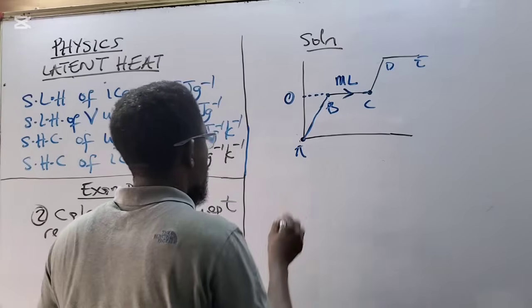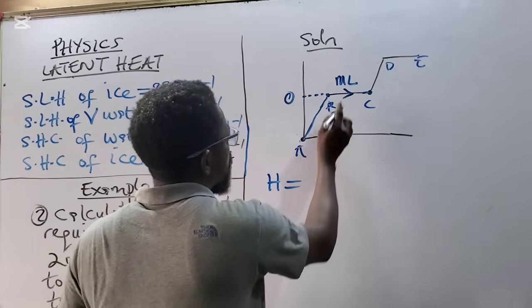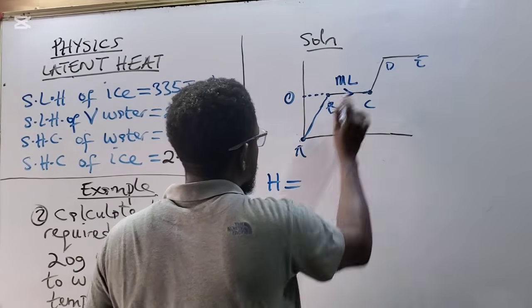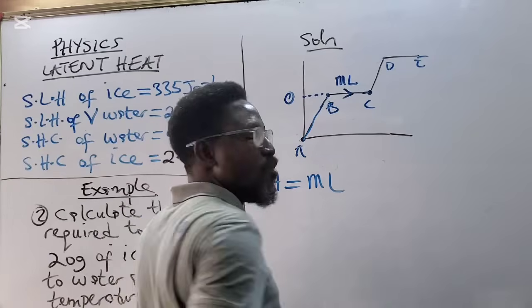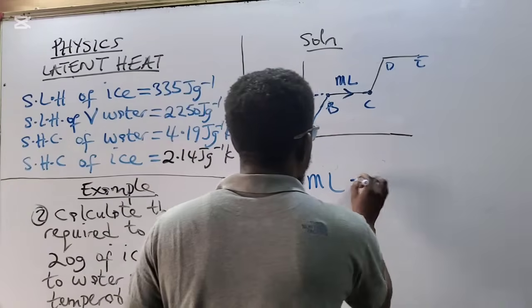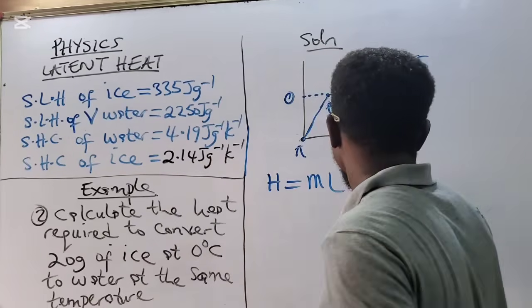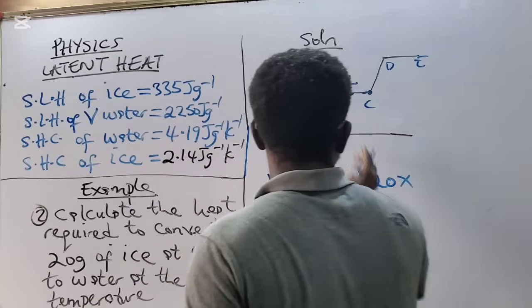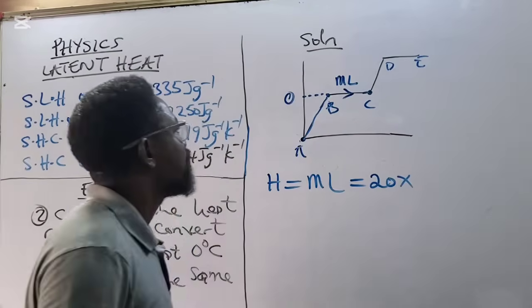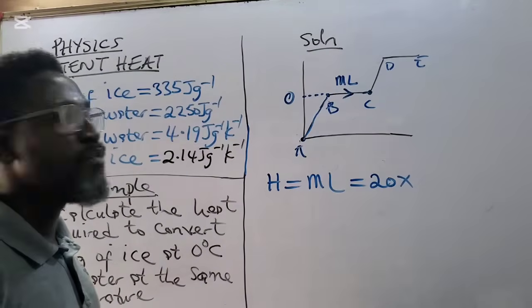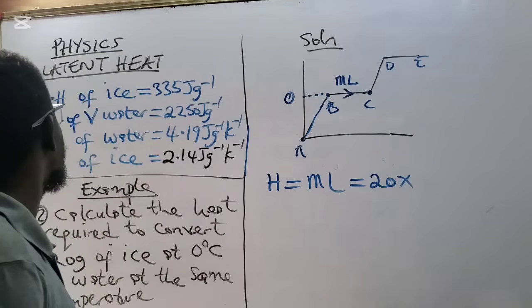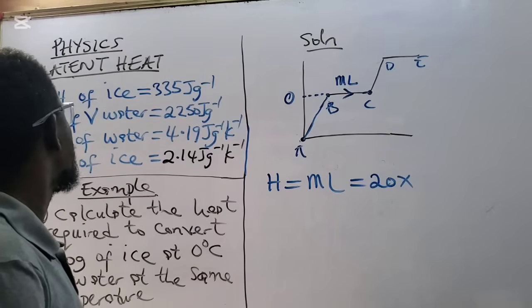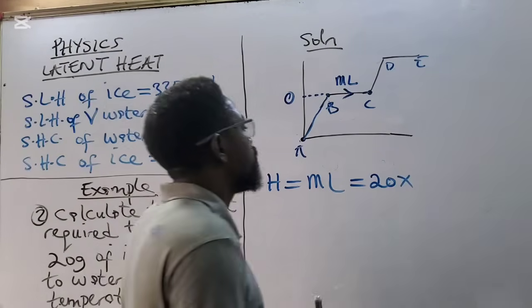So the heat required in this case, from the diagram, I'm moving from here to this point. So what I'm going to have is M1 L. That will be the mass of ice, which is 20, times the specific latent heat of fusion of ice, that's your 3315.